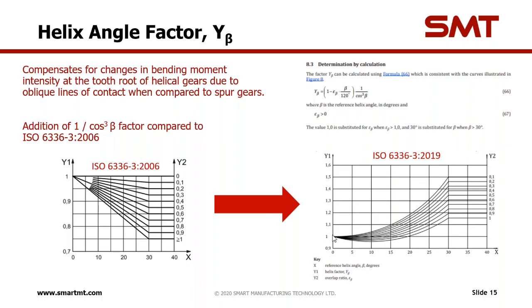to a great extent. On the left-hand chart, you can see a screen capture from the ISO 6336 2006 version. And on the right-hand side, you can actually see the new version. In the old version, the values used to be always less than 1.